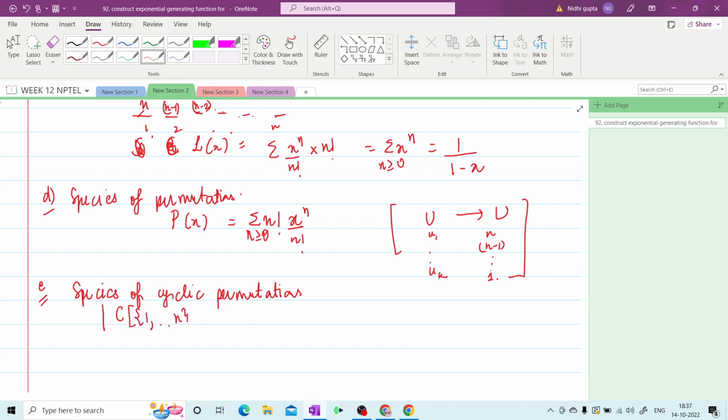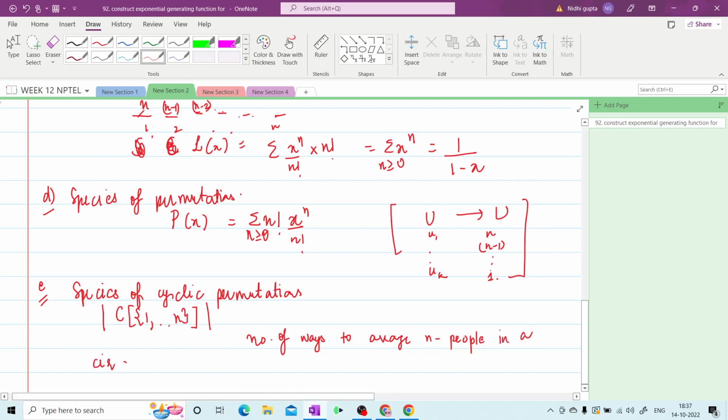If you have n elements, the number of ways to arrange n people in a circle is n minus 1 factorial.